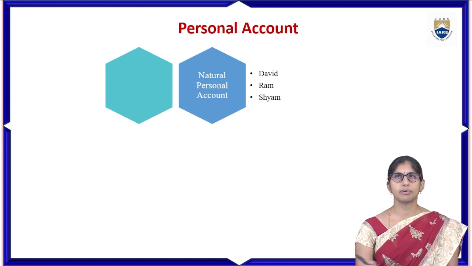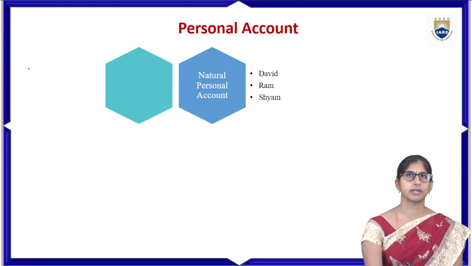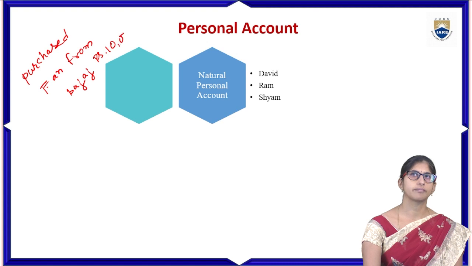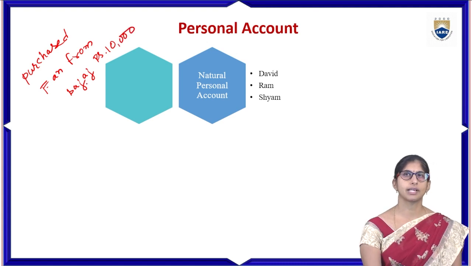So for example, I have purchased a fan from Bajaj, rupees 10,000. This is what has happened. I have purchased a fan from Bajaj company, rupees 10,000.